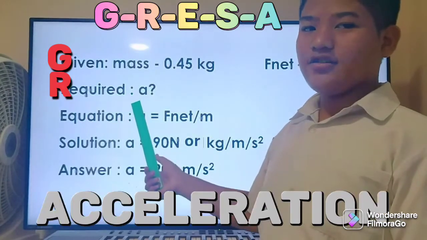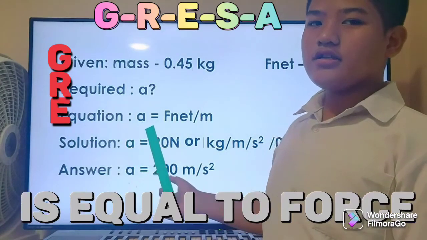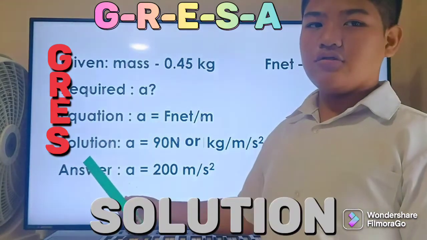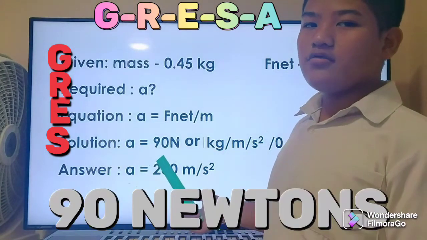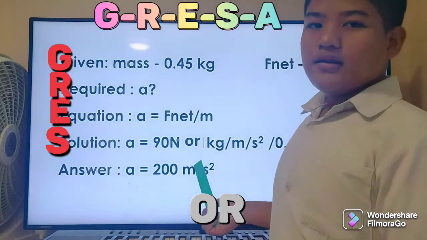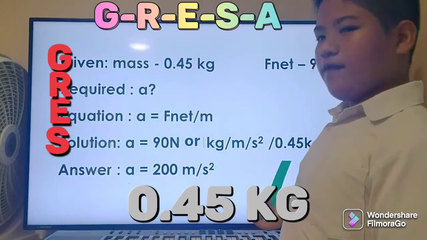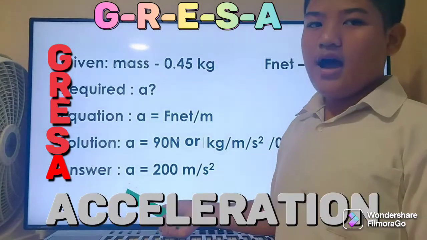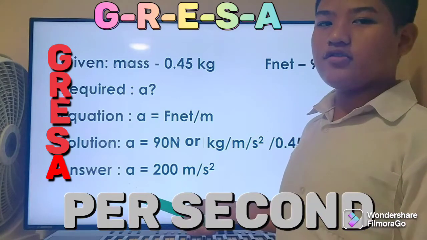Required: acceleration. Equation: acceleration is equal to force divided by mass. Solution: acceleration is equal to 90 newtons, or kilogram meter per second squared, over 0.45 kilograms. Answer: acceleration is equal to 200 meters per second squared.